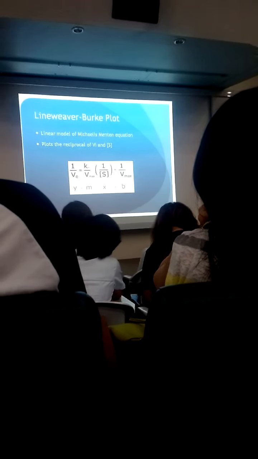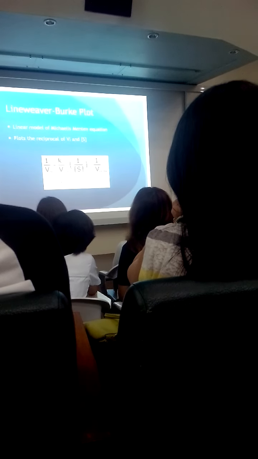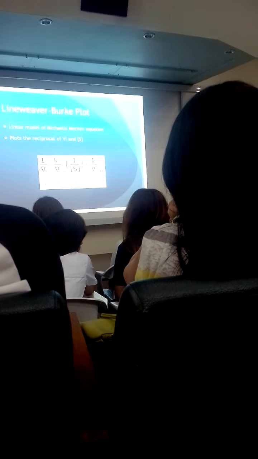The reciprocal of your initial velocity would be along your y-axis, and your Km over Vmax would be equal to your slope, and then the reciprocal of your substrate concentration would be along your x-axis. And your 1 over Vmax would be along your y-intercept, sorry.